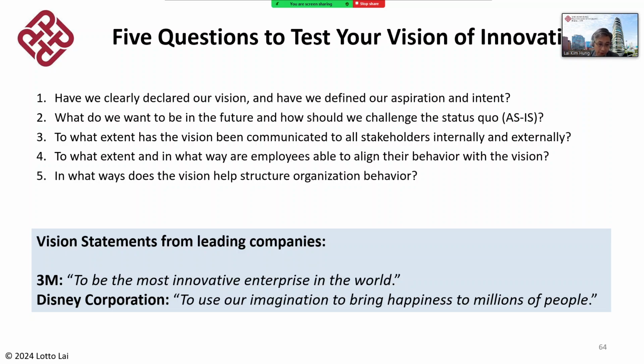Here are some examples of leading companies' vision statements. Vision: to be the most innovative enterprise in the world. This corporation's: to use our imagination to bring happiness to billions of people.